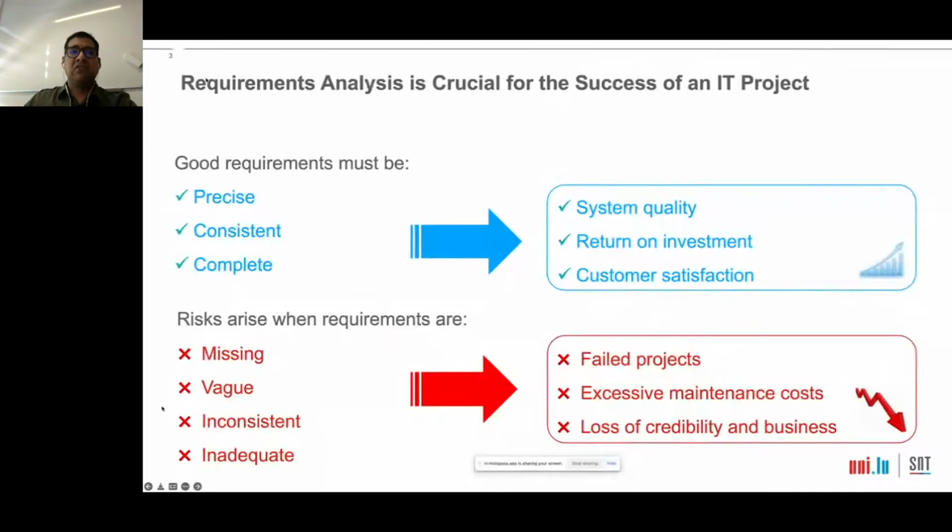The quality of a software system greatly depends on the quality of its requirements. High quality requirements improve the system quality, the return on investment, and customer satisfaction. On the other hand, missing, vague, or inconsistent requirements may cause projects to fail, excessive maintenance costs, or disappointed business users.